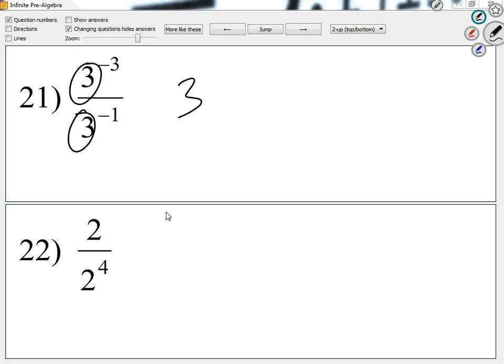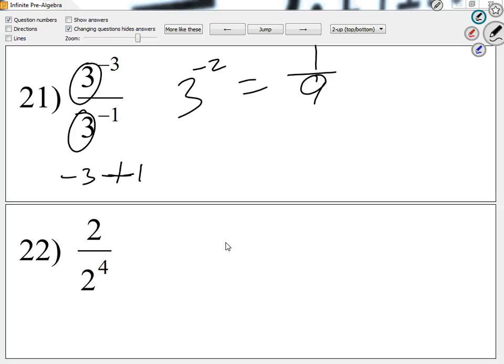I'm thinking negative 3 minus a negative 1 is negative 2. The top exponent minus the bottom exponent. If we need to write it down, negative 3 minus a negative 1, I know two negative signs put together is plus, so that is negative 2. I know 3 to the 2 is 9, but 3 to the negative 2 is 1 over 9.